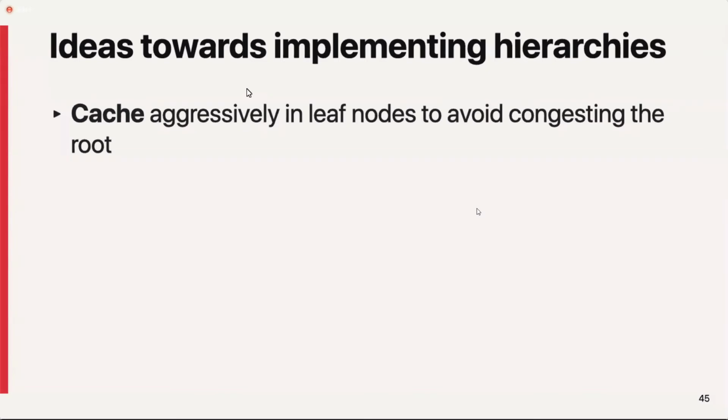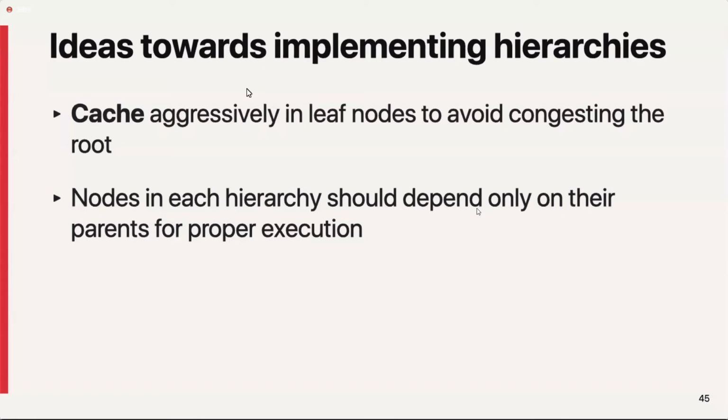We have to cache aggressively in the lower hierarchies, in the leaf nodes, for example, to avoid congesting the root. Otherwise, all of the requests will go to the root, and the root will be overwhelmed. So we need caching. And the nodes in each hierarchy should depend only on their parents for proper execution. There should not be too many different kinds of dependencies.